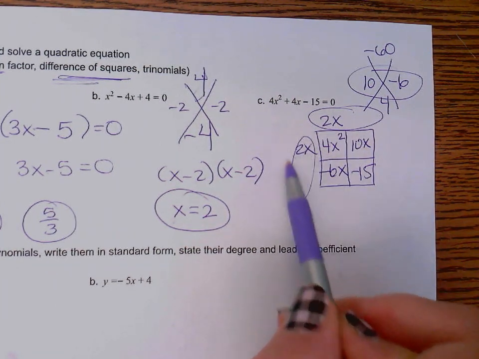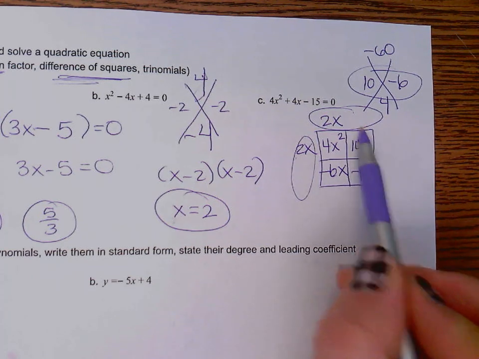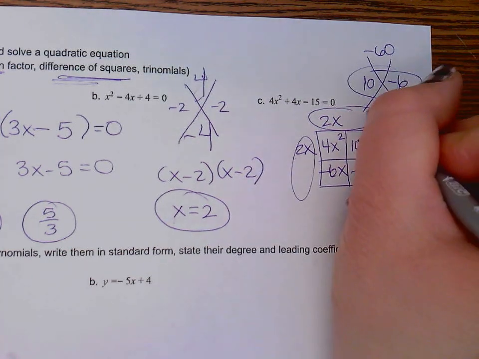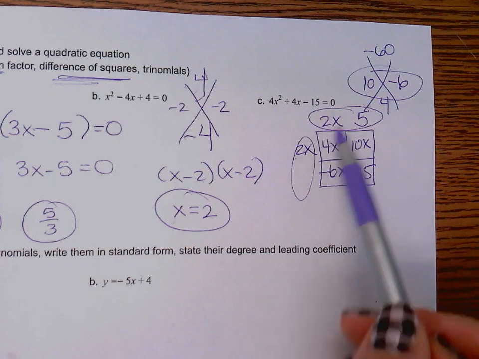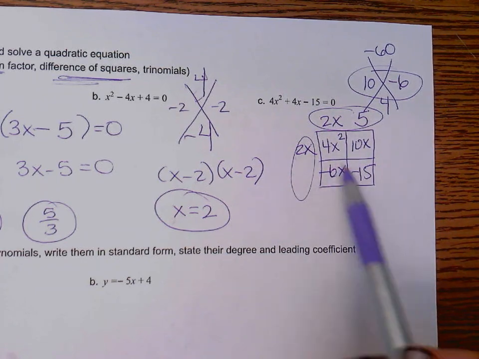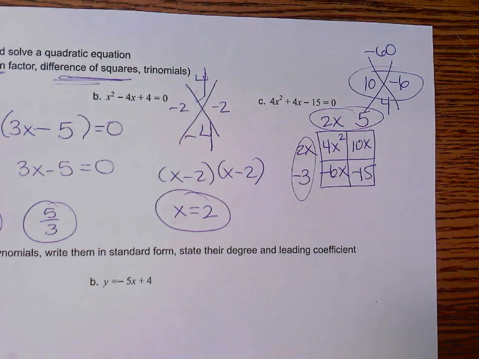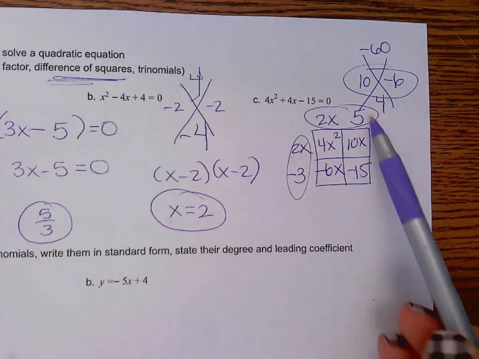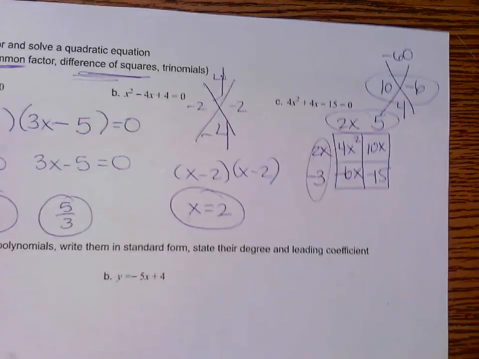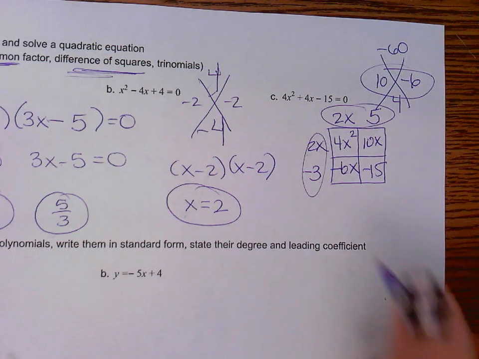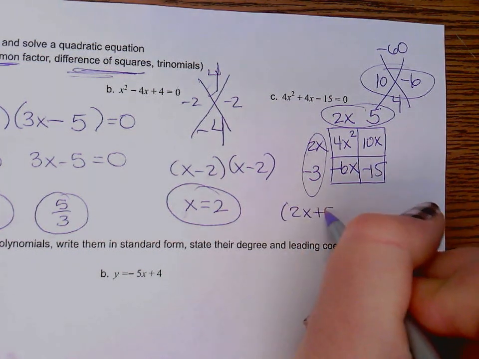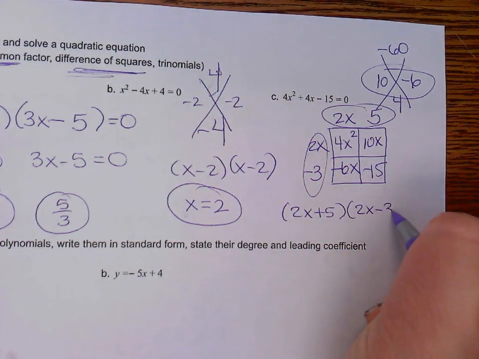So now 2x times what will give me 10x? So I'm putting a 5 here. And then 2x times what will give me negative 6x? I'm putting negative 3 there. And then 5 times negative 3 is negative 15. So 2x plus 5 and 2x minus 3.